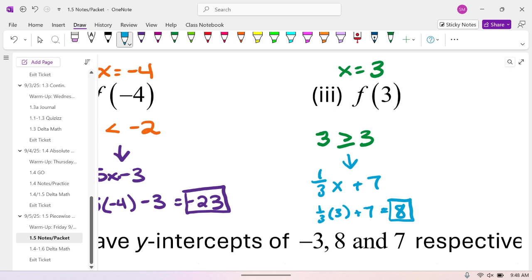All right, take a minute. Try the fourth part of letter A on your own. So you're finding f of 0.